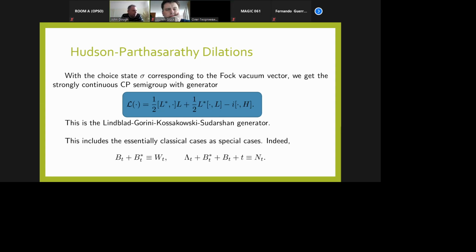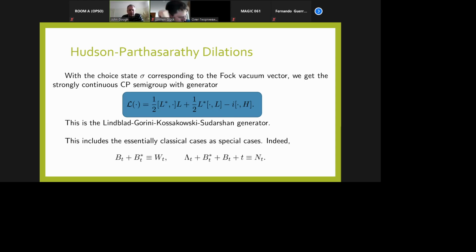Okay, so what you get from the essentially classical cases is a very special case of what we have here. And really it's the fact that we have the L and the L star together.